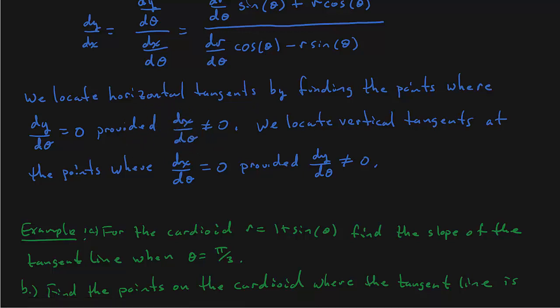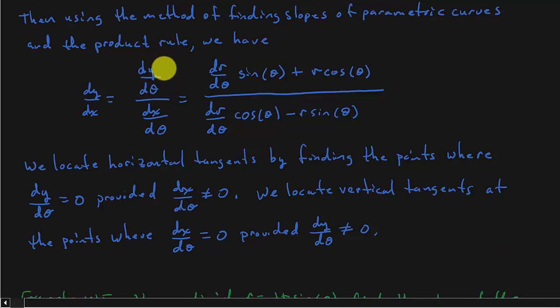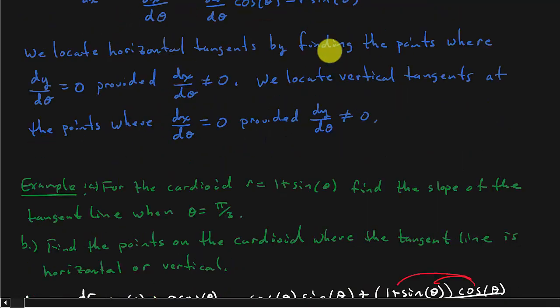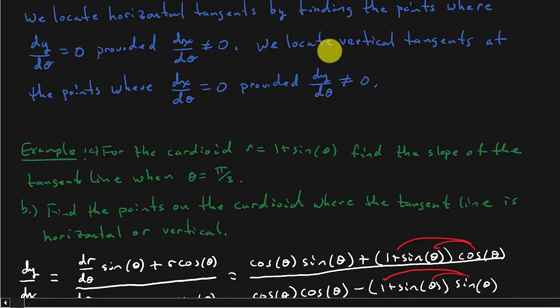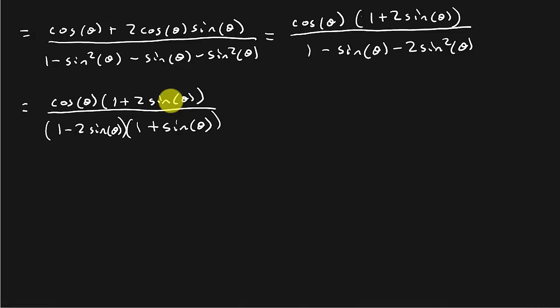We've got to figure out where dy d theta and dx d theta are 0. And so we're going to be setting this, which is the numerator, equal to 0, and this, which is the denominator, equal to 0, and have to solve for theta. And in order to do that, I'm going to need to get it down to this point anyway. So that's a reason there.